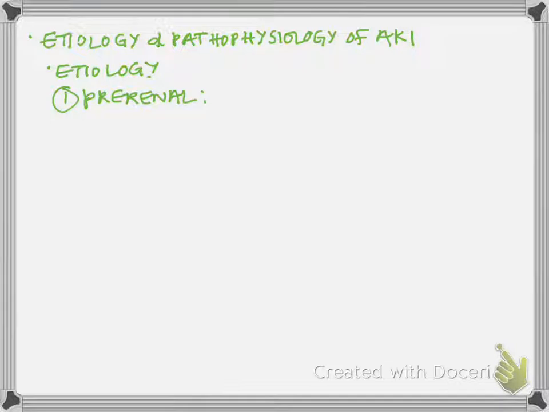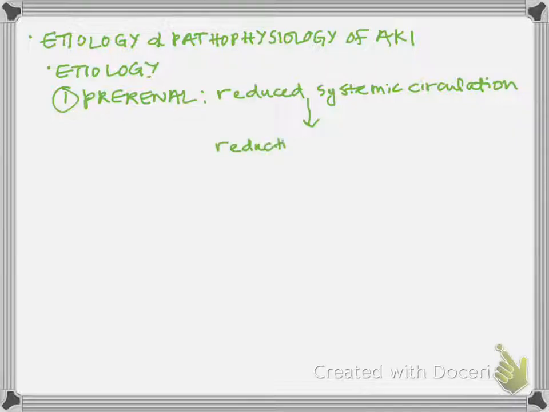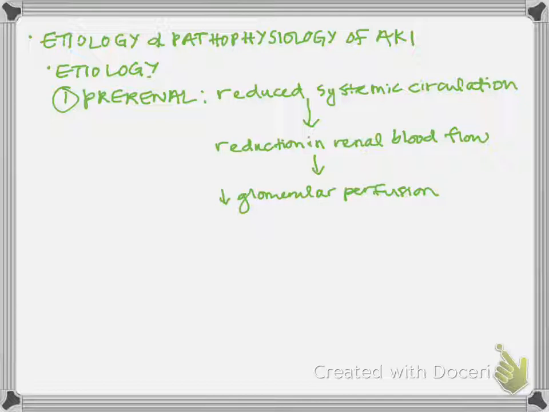If you had a patho map to represent that, we would say reduced systemic circulation, leading to reduction in renal blood flow or renal ischemia, leading to decreased glomerular perfusion, the glomerulus being that structure in the kidney where the nephron and the artery coil together, and decreased filtration of the kidneys.